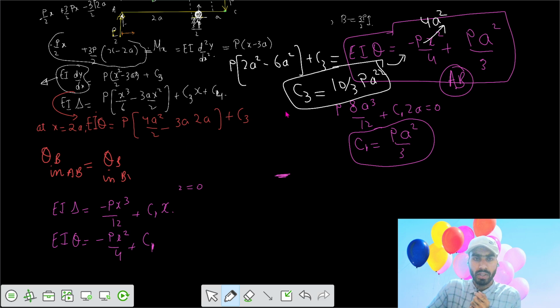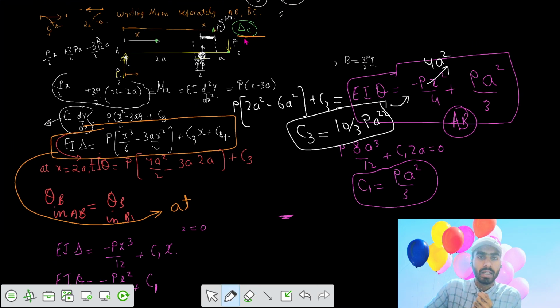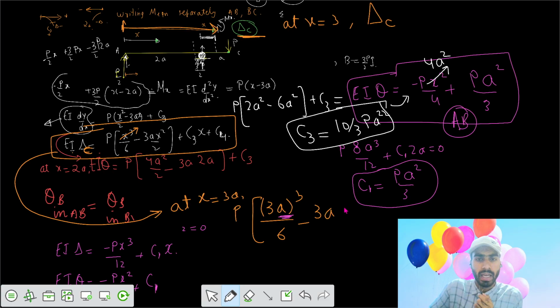So if we substitute the value of c3 in your delta equation for the member BC, we can write the final question, which was to get the deflection at C. If you want to get the deflection at C, we can write at x equals 3a, delta becomes delta C. So EI into delta C equals P into x cubed, that is 3a whole cube, divided by 6, minus 3a x squared, then one more c3 into x.